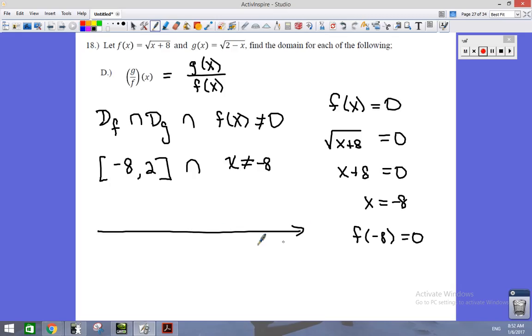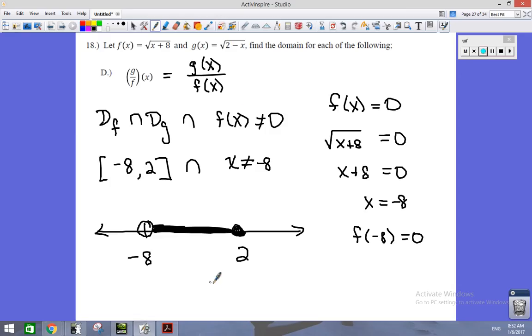So our answers for A and B included both of these endpoints, and now our answer in D is excluding -8 because f evaluated at -8 is equal to 0, and f is in the denominator, and we never want that denominator equal to 0. Therefore, we do not want to allow x to be equal to -8.